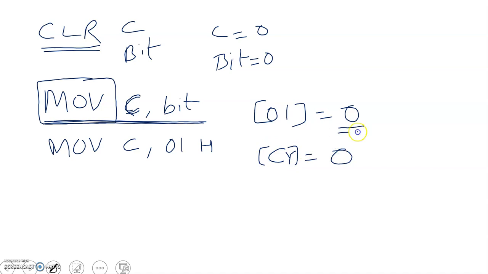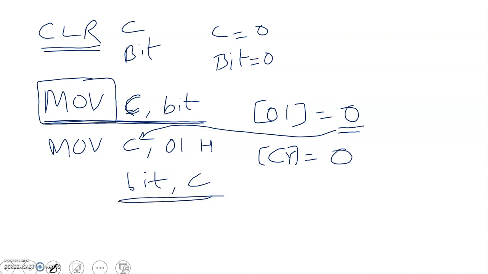So this value 0 has been transferred to the carry bit. Similarly we could have MOV bit, C also, so the operation could be in the reverse direction.